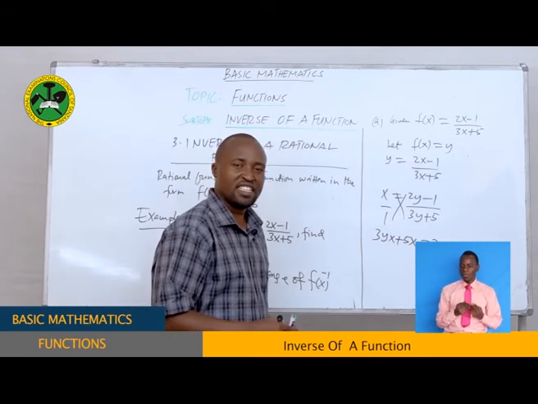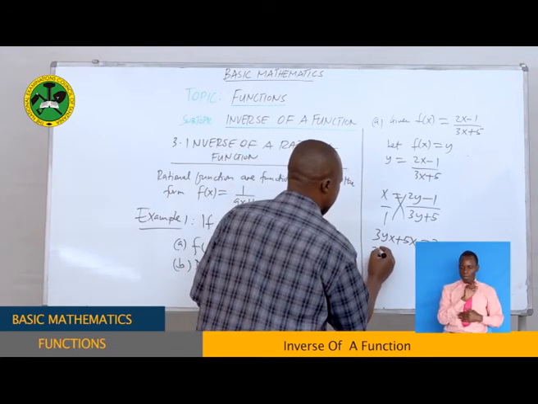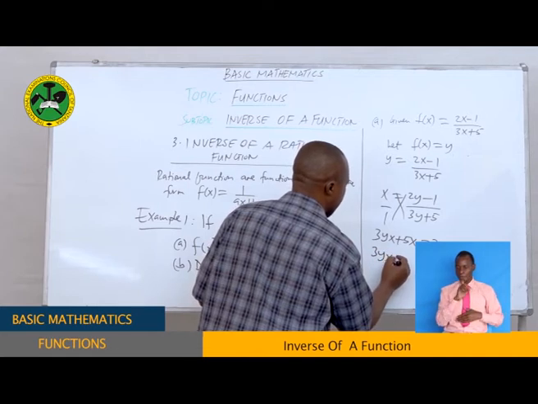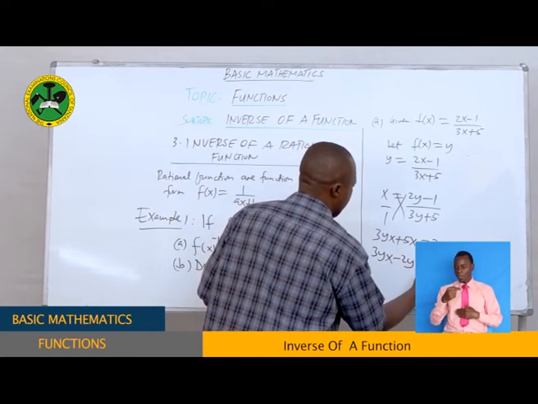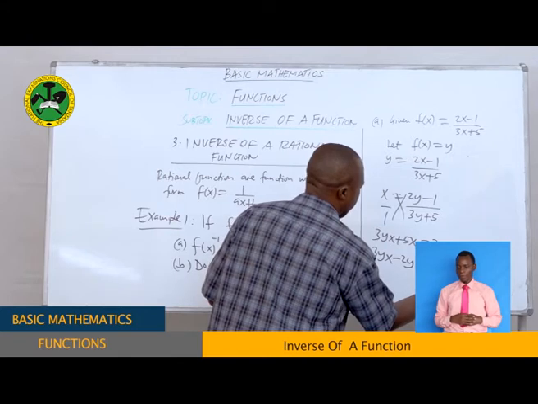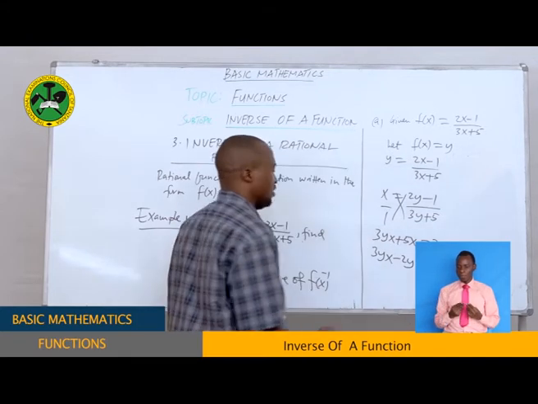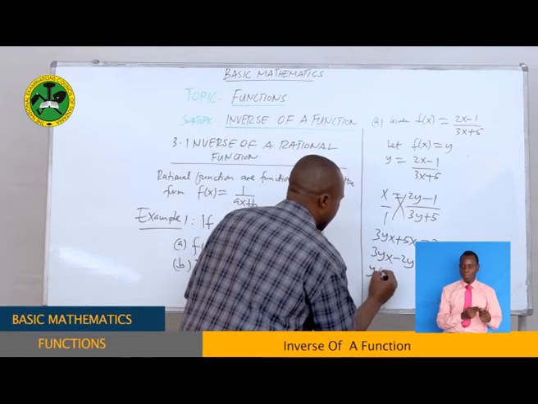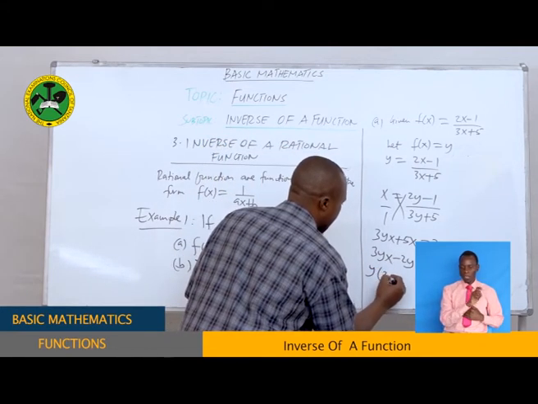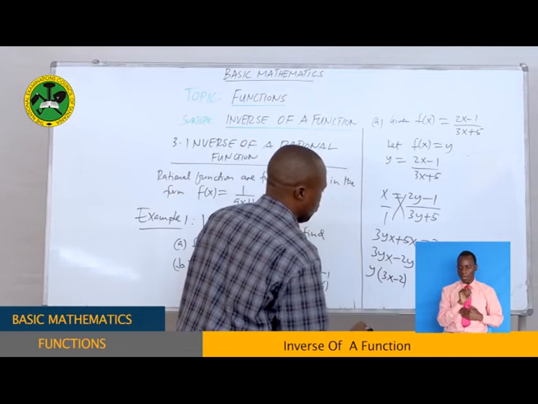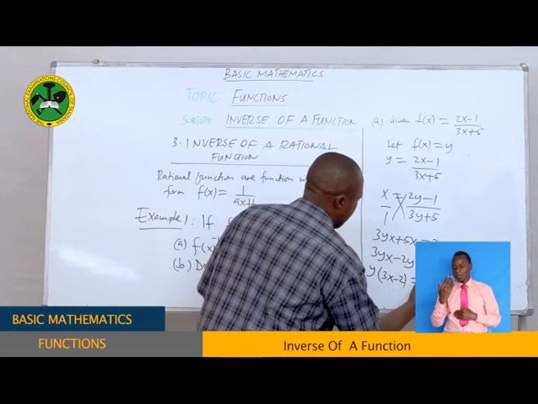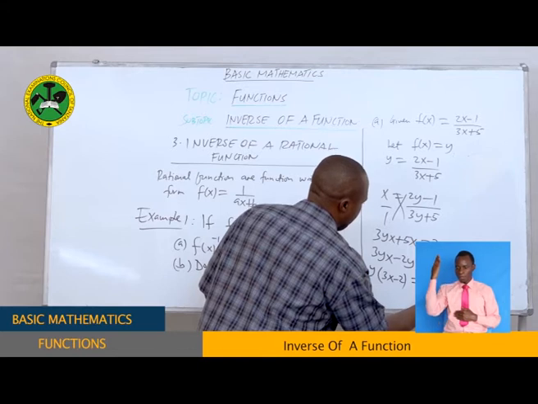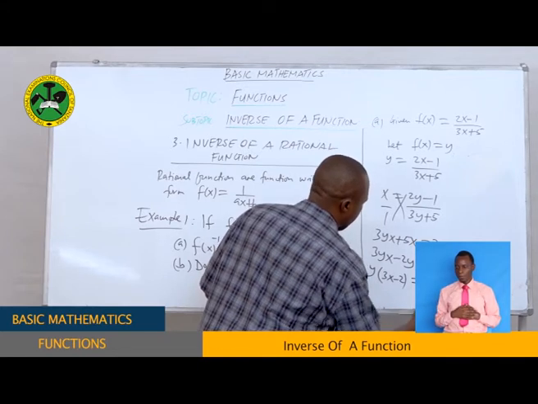So collecting like terms together, that is 3yx minus 2y is equal to negative 5x minus 1. But here y is common. So y out of the bracket, that is y times 3x minus 2. Now this is equal to negative bracket of 5x plus 1.